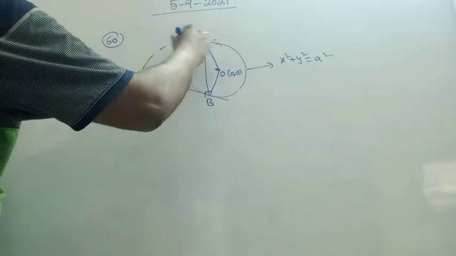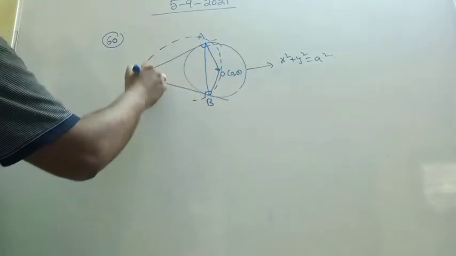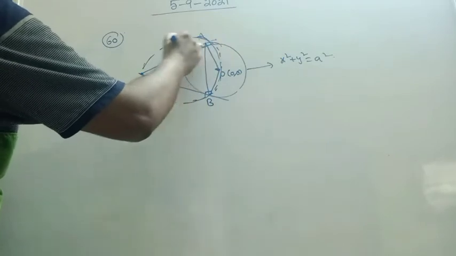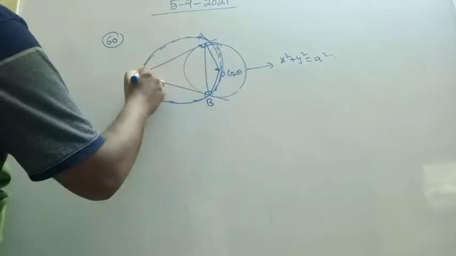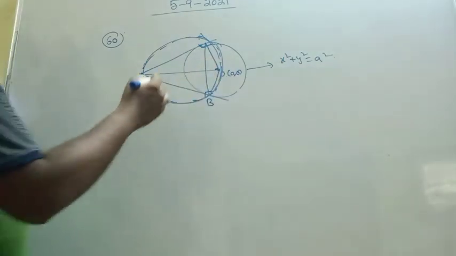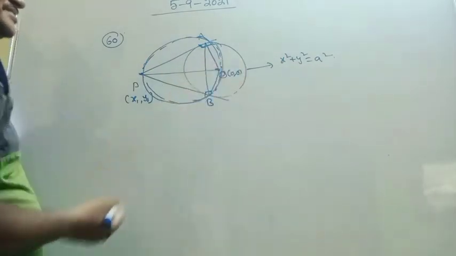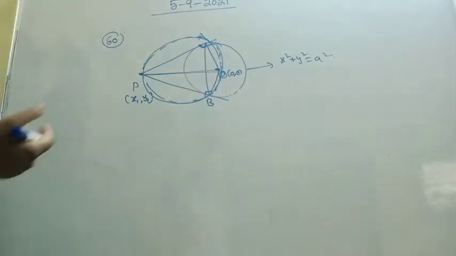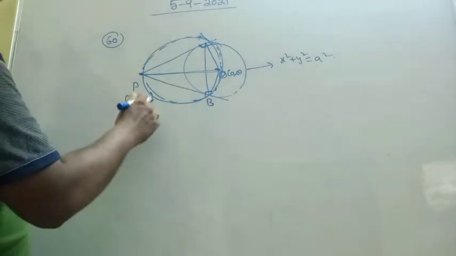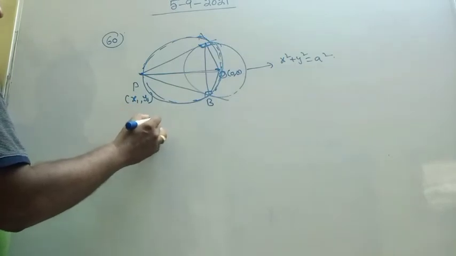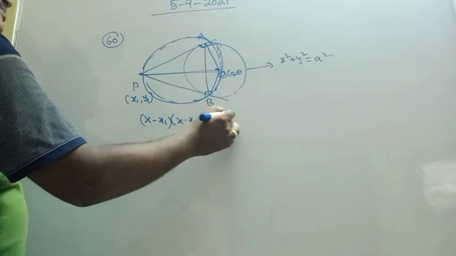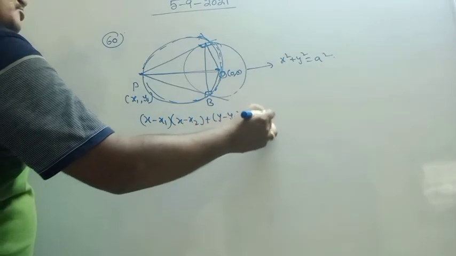We need the circumcircle. You see this circumcircle, and it is making 90 degrees here. If it is making 90 degrees, then PO will act as a diameter. Once you know the extreme points of the diameter, the equation is (x minus x1)(x minus x2) plus (y minus y1)(y minus y2) is equal to 0.